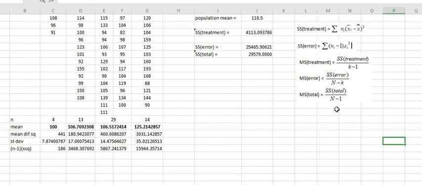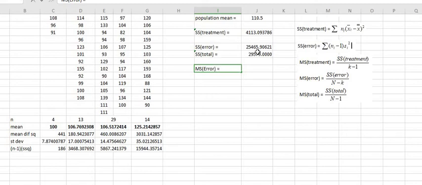Okay, so MS error equals SS treatment over K minus 1. So that our MS error, okay, so that you will be guided, I am cutting it, this value here.